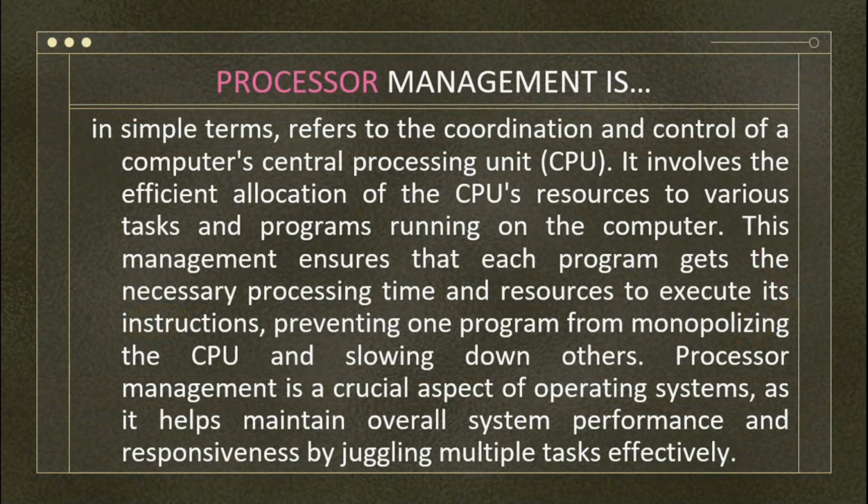This management ensures that each program gets the necessary processing time and resources to execute its instructions, preventing one program from monopolizing the CPU and slowing down others. Processor management is a crucial aspect of operating systems, as it helps maintain overall system performance and responsiveness by juggling multiple tasks effectively.